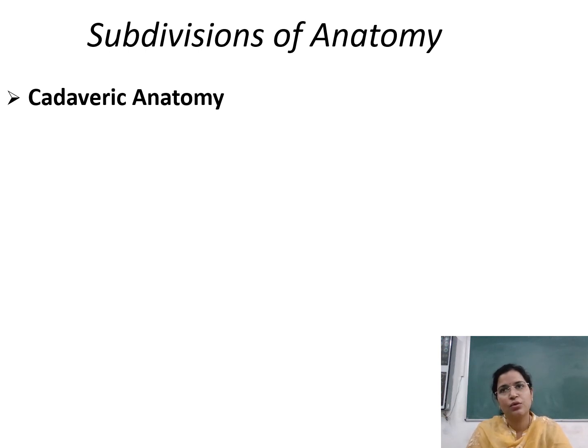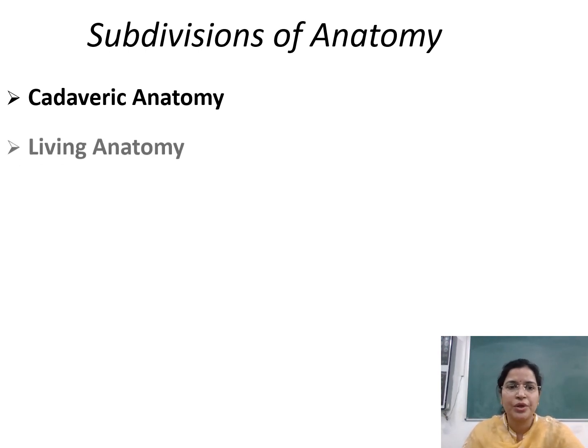Gross anatomy is studied regionally: anatomy of the upper limb, of the head, neck and face region, neuroanatomy which includes the central nervous system, then the abdominal region, thoracic region, lower limb, and so on. That is cadaveric or gross anatomy.